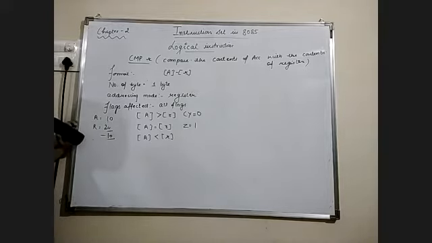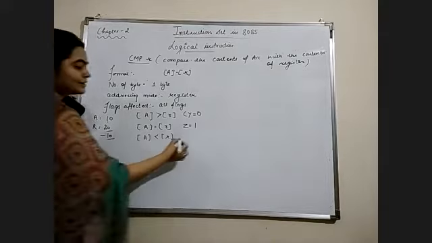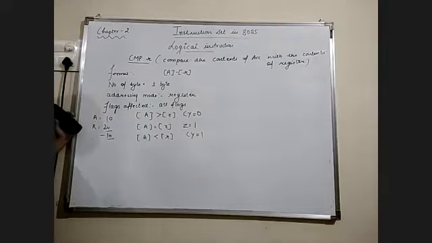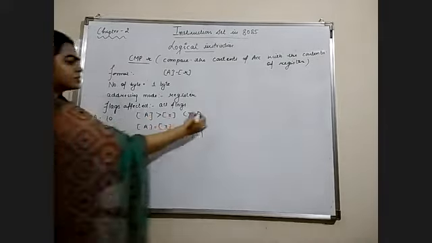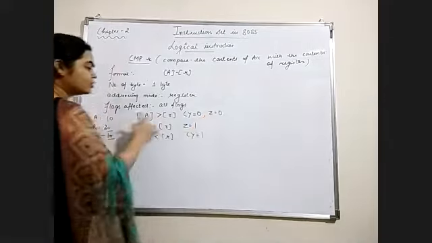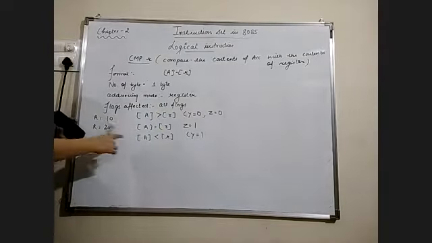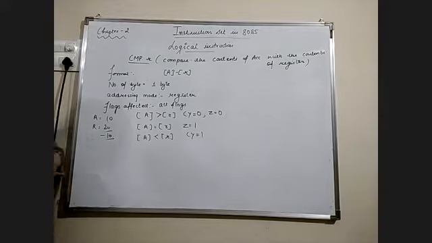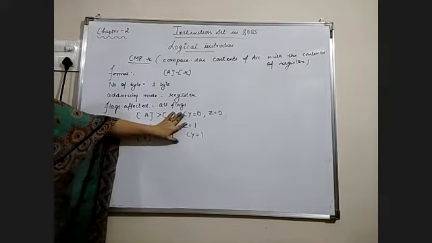When we have a negative result in subtraction, the carry flag is always equal to 1. In this case the zero flag is equal to 0 because the result is non-zero. Okay, so these are the three conditions, and according to them, these flag values are fixed.